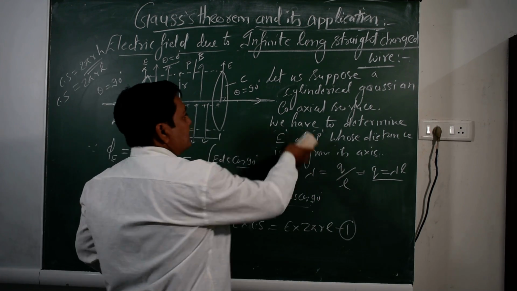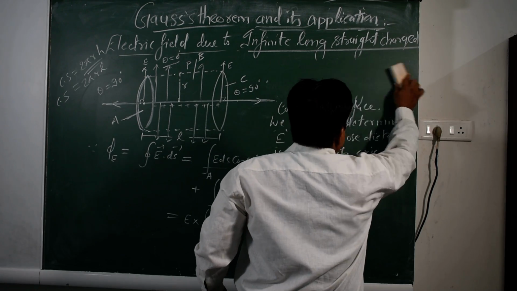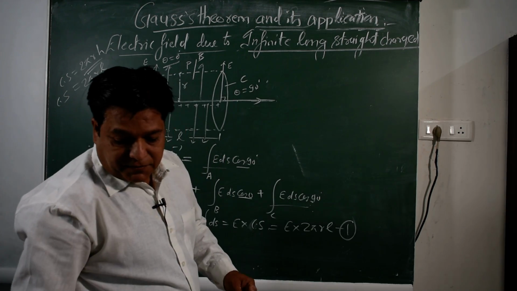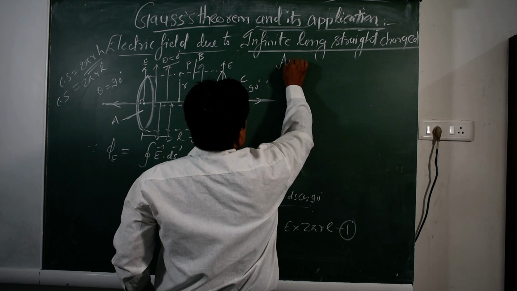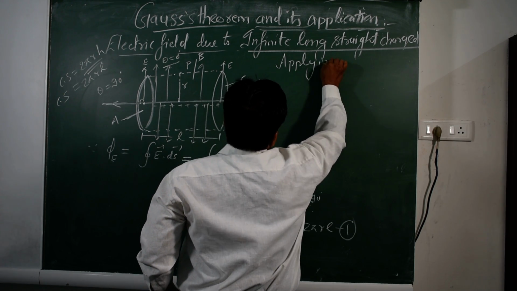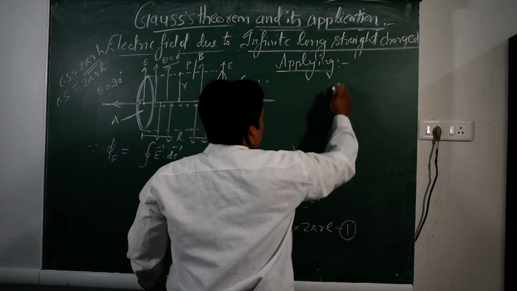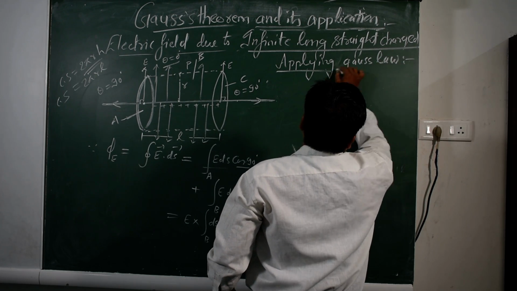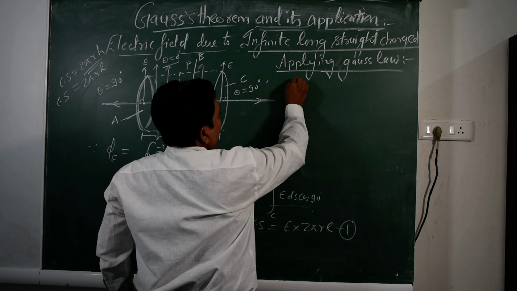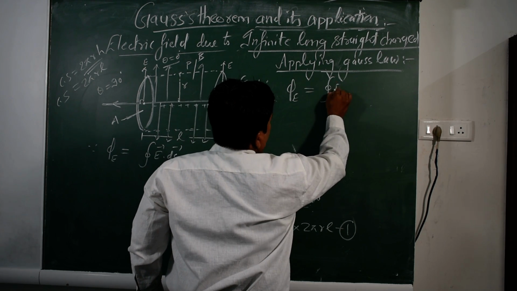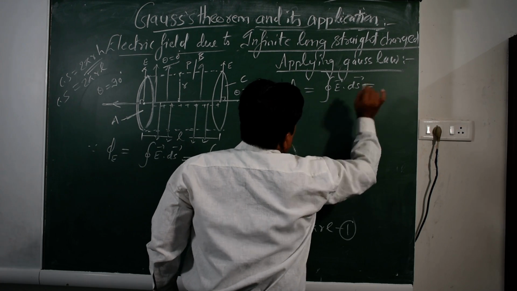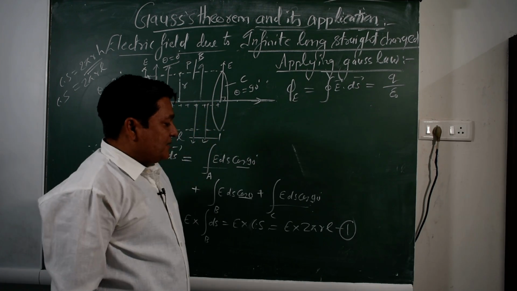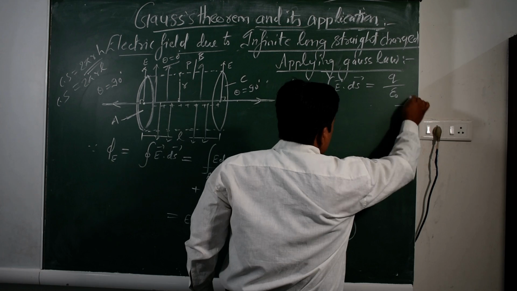According to Gauss law, the total flux linked with the surface, the closed integration of vector E dot vector ds, is equal to how much? Q upon epsilon naught. Let us suppose this is equation number 2.